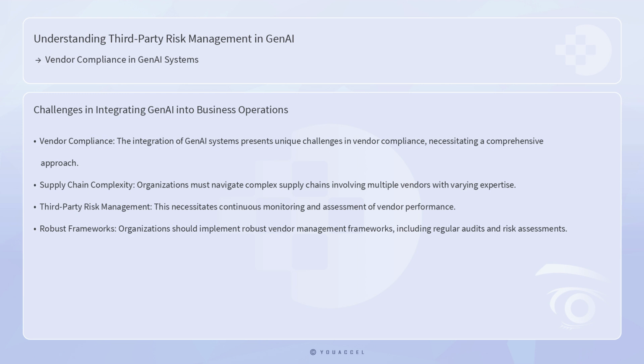Organizations should implement robust vendor management frameworks, incorporating regular audits, performance evaluations, and risk assessments. By establishing clear communication channels with vendors, organizations can address compliance issues promptly and ensure alignment with their governance objectives.